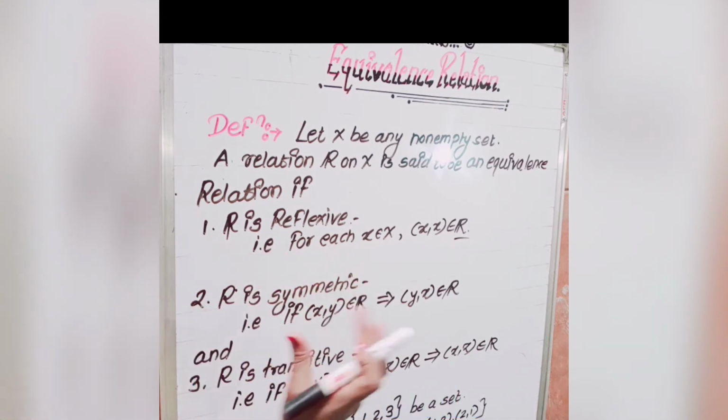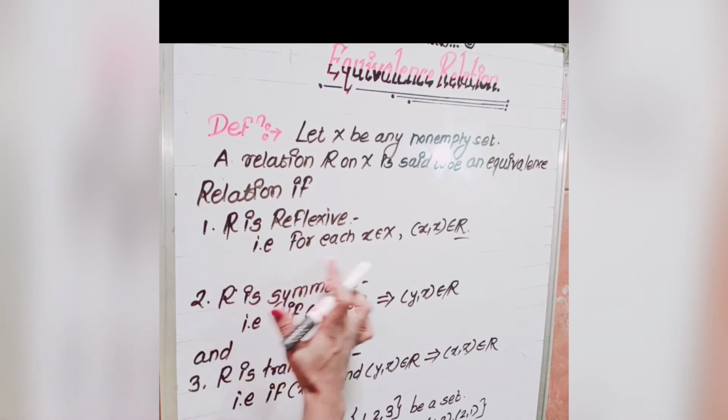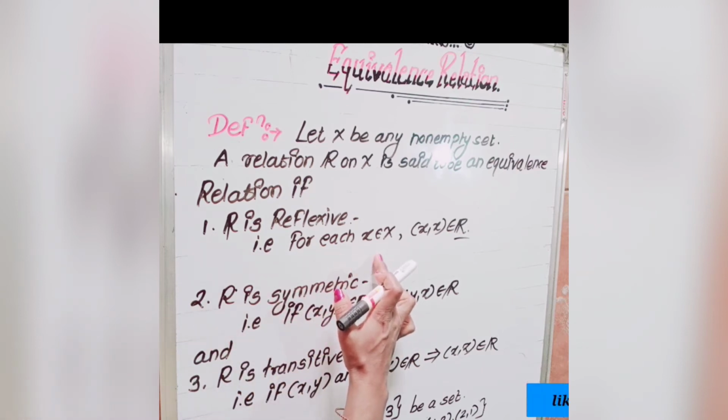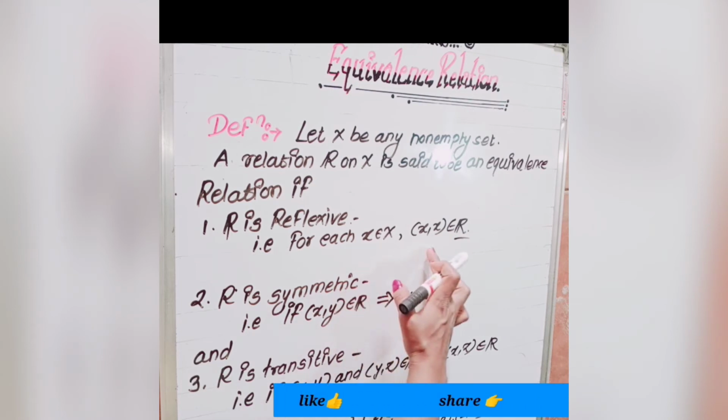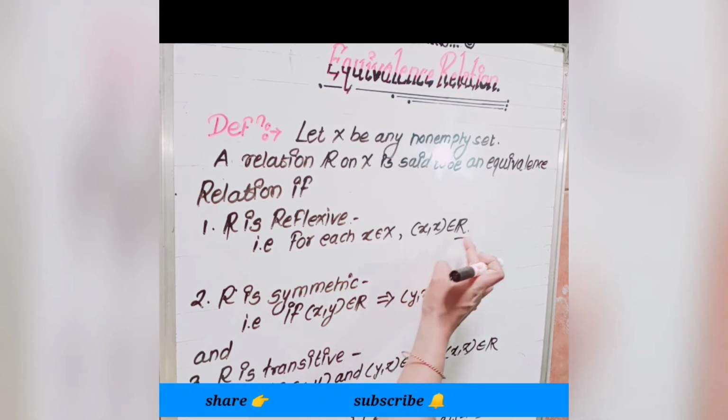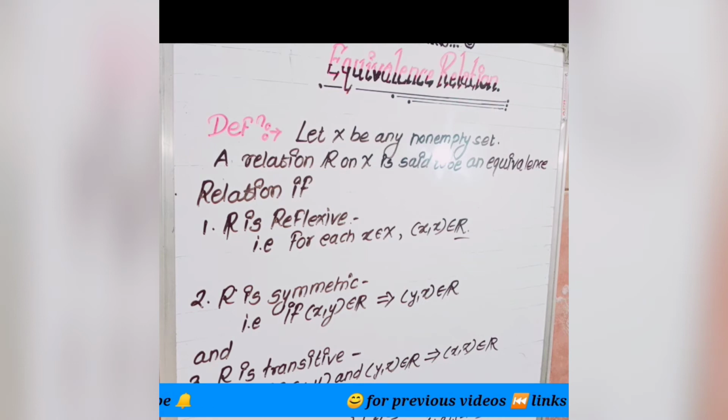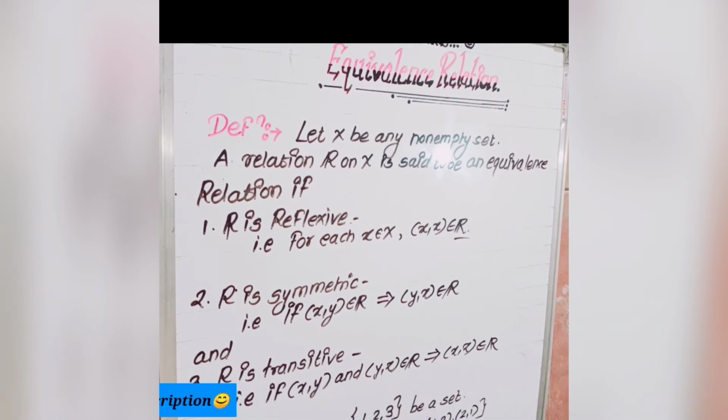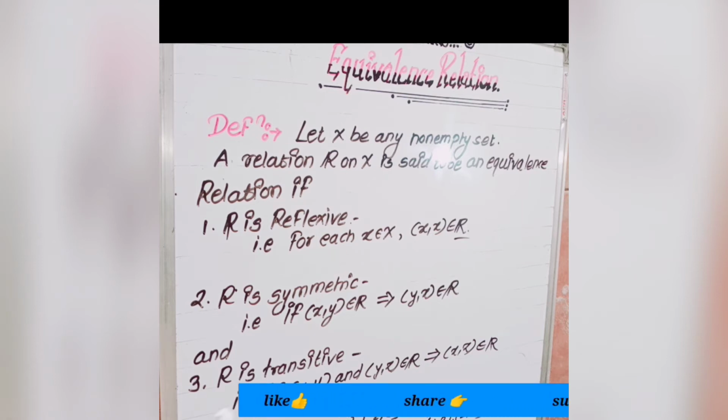reflexive. Reflexive means that for each x belonging to the set X, the ordered pair (x, x) belongs to R. That means if any element x belongs to that set, then the ordered pair of that element with itself belongs to that relation. Next, R is symmetric.